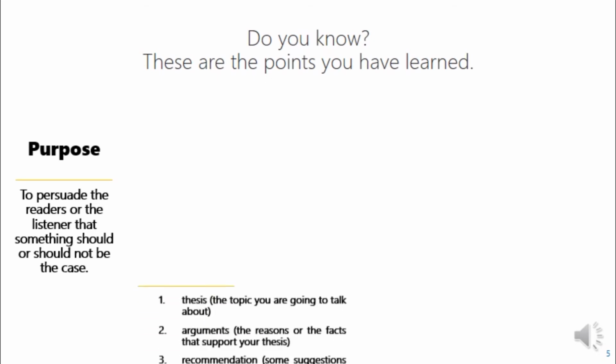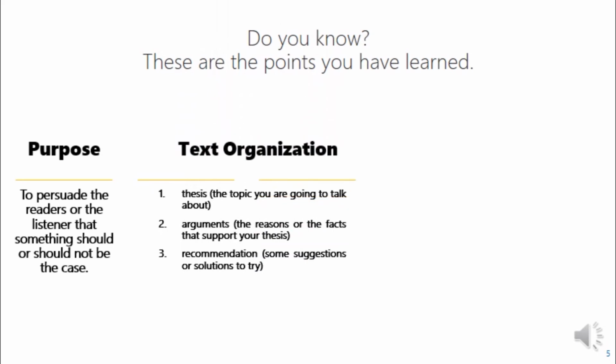And then about the text organization, in here we have three. First one is thesis, the second one is arguments, and then the last one is the recommendation. The thesis is the topic you are going to talk about, the arguments are the reasons or the facts that support your thesis, and recommendations are some suggestions or solutions to try.